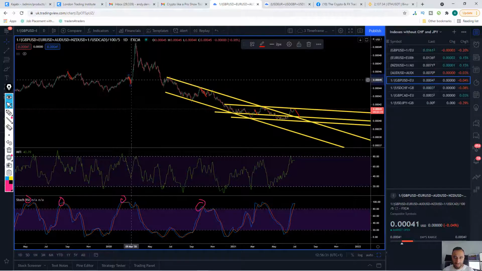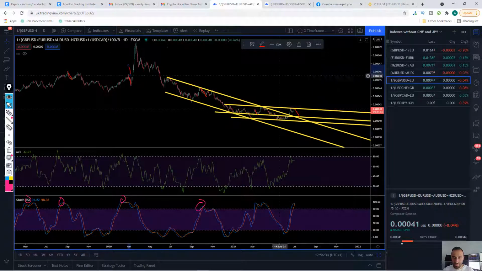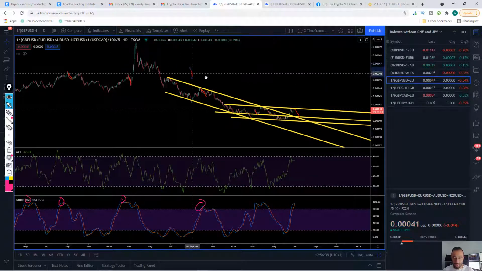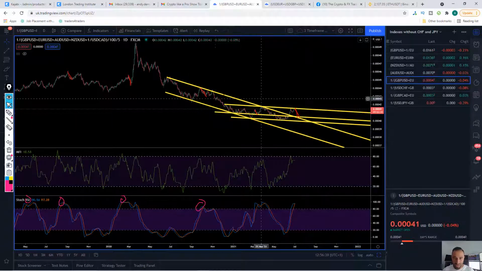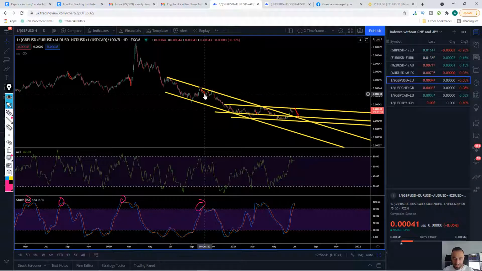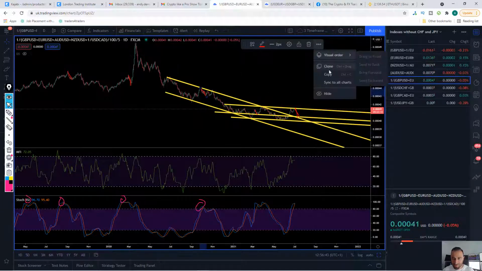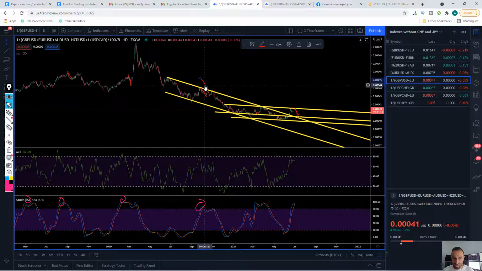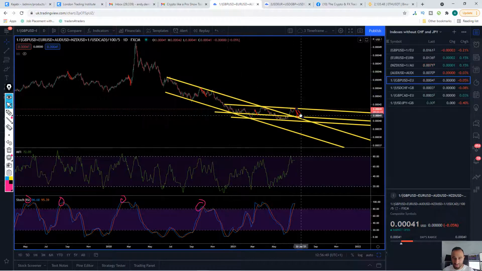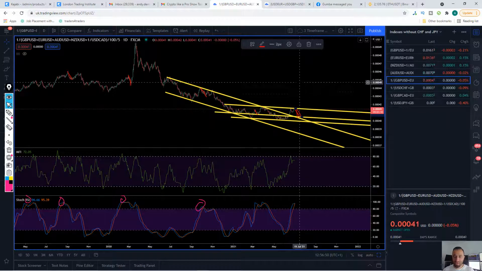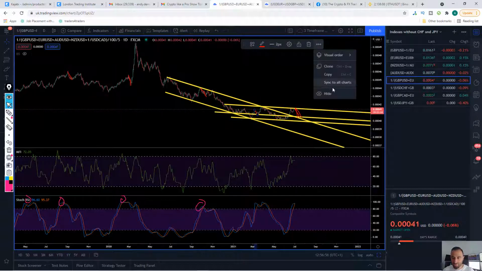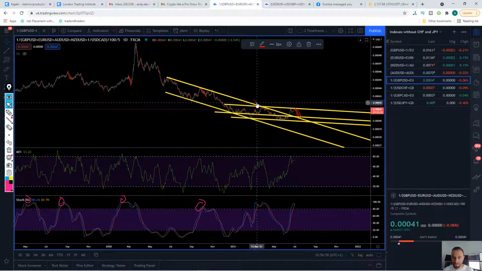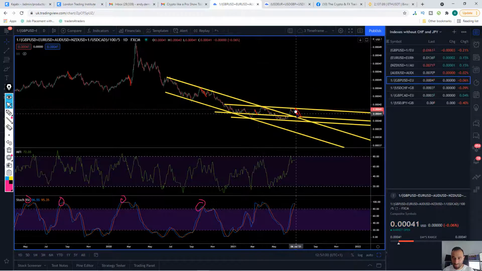Then I'm going to do the same with this, clone it, and move it from high to low. And then I'm going to do the same thing right here, and put it right there. I've also got this little one here, which I'm going to do the same thing for. So you can see, clone, and move there.